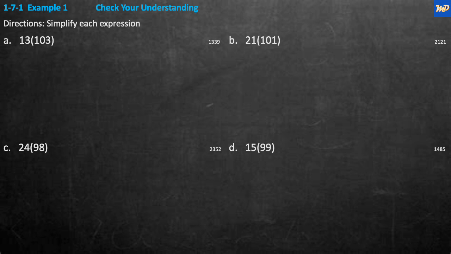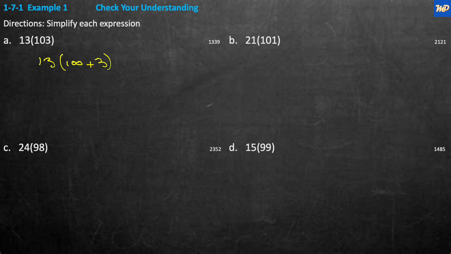Okay, assuming that you've done that, let's give it a shot. It says simplify each expression. Problem A, 13 times 103. How can we rewrite that one? We can say that it's 13 times 100 plus 3.